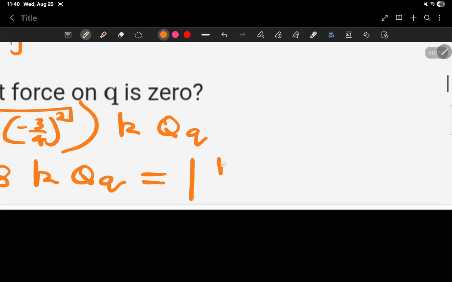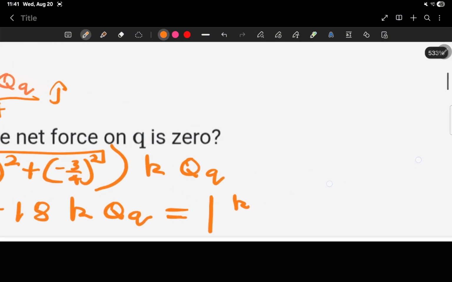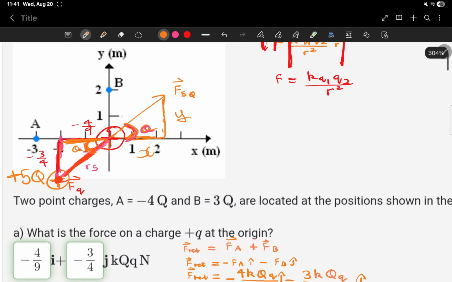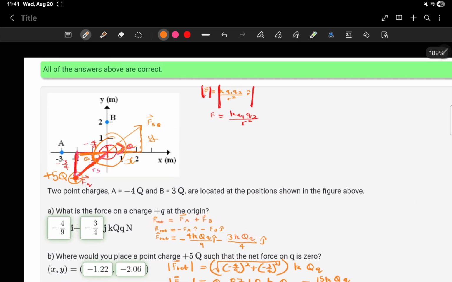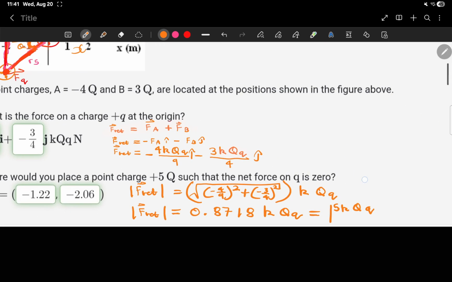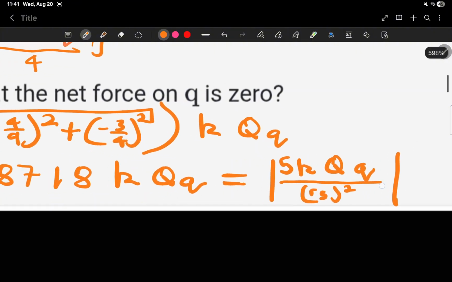So we're going to use Coulomb's law, k, and then positive 5Q, so we're going to put a 5 here, big Q, and then small q, because the force is between the positive small q charge and the positive 5 big Q charge, over r squared, which I called r5, so it's r5 squared, and it's a magnitude.